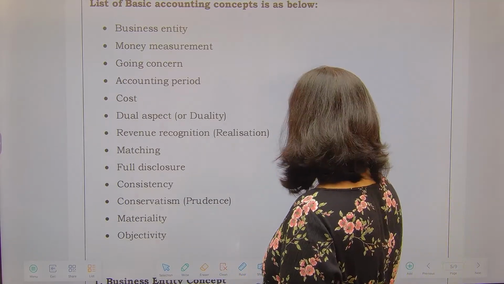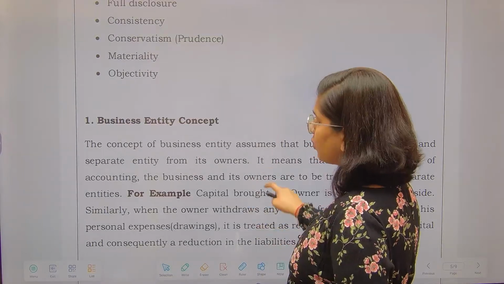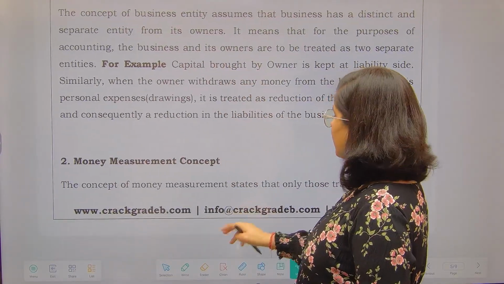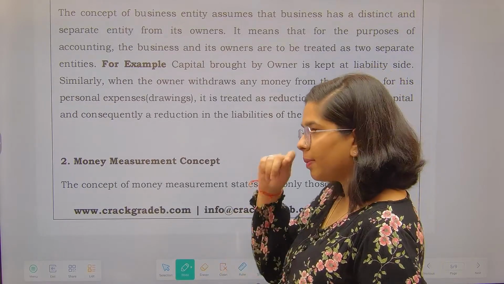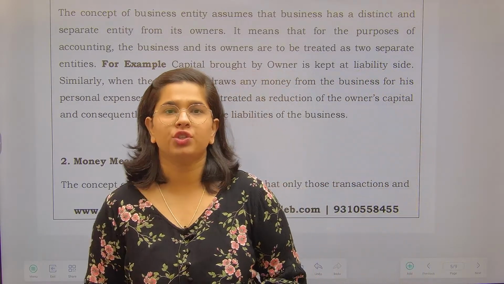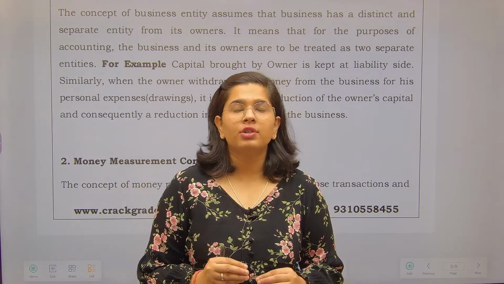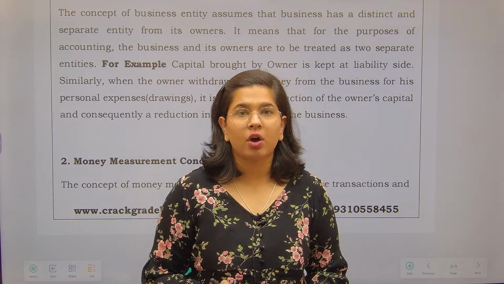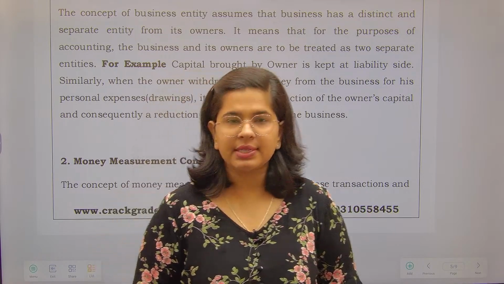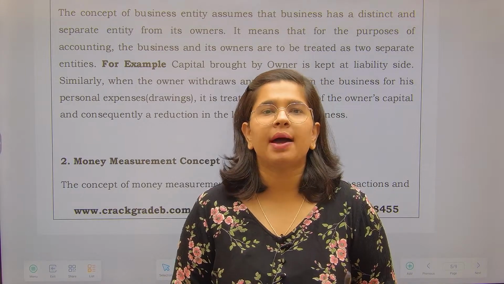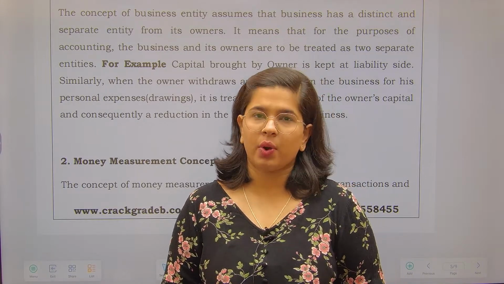Yesterday, I had started talking about the money measurement concept. Under it, we talked about how all such transactions that have any impact in terms of money will be recorded in your financial statements. For example, suppose a manager has been appointed, right?